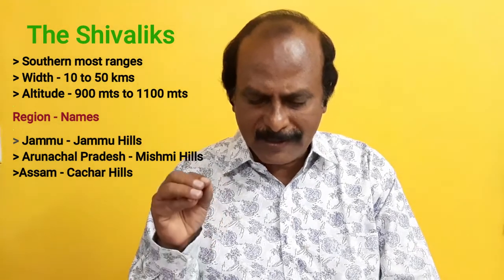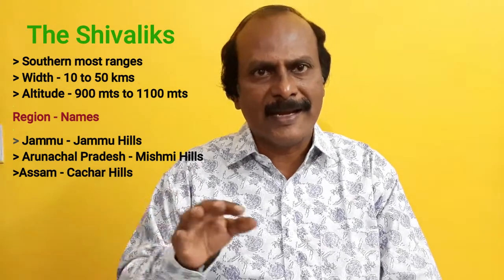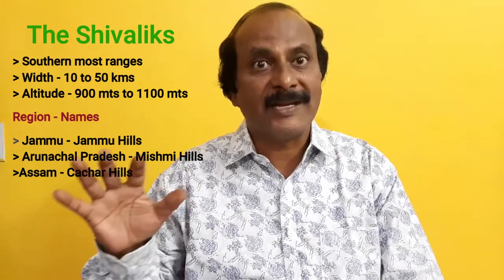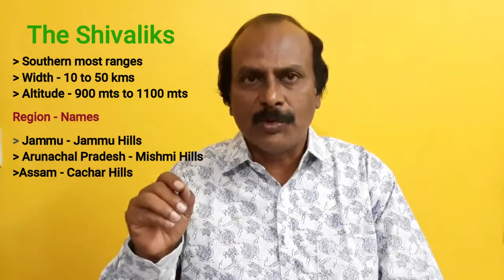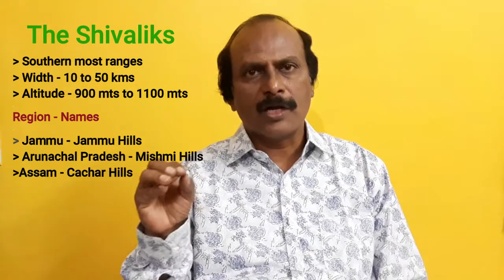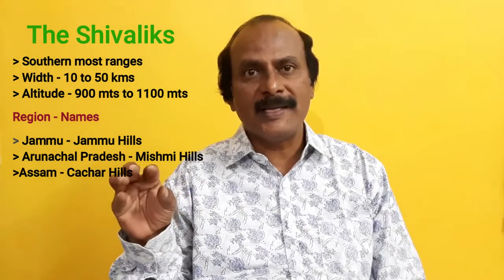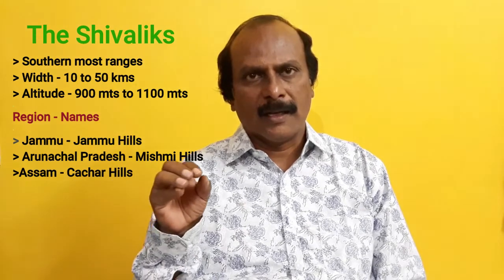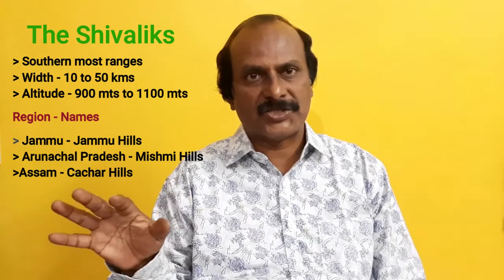These Shivalik regions are named differently in different regions. For example, in the Jammu region, they are called Jammu Hills. In the Arunachal Pradesh region, they are called Mishmi Hills. In the Assam region, they are called Cachar Hills.